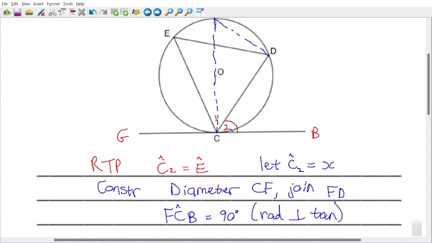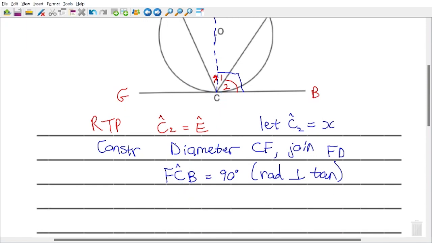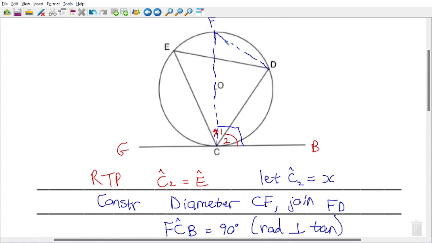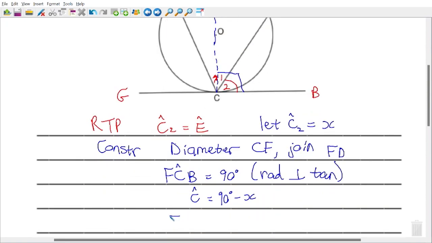So if this is x and this whole thing is 90, then I know that C1, sorry, I'm going to call this C1, and move this little one here to there. C1 is 90 degrees minus x. However, FDC is 90 degrees, and that's because of angle in a semicircle.